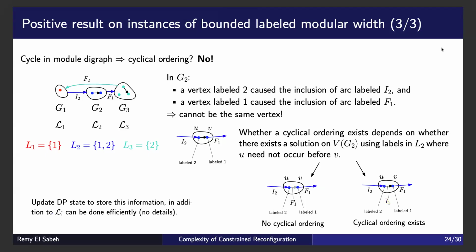So when I said we're only keeping track of families of feasible label sets for every module, that wasn't exactly accurate. We also need to keep track of, for every pair in every module, whether there exists a solution using a specific feasible label set that does not force, in this case, let's say U to come before V. And that was a bit easy because there's just a single arc between them, but you could have a case where you actually have a path.